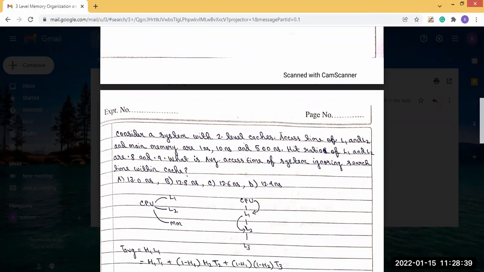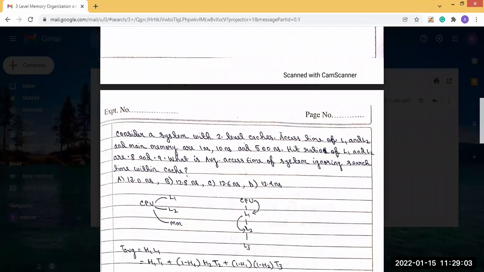Access times of L1, L2 and main memory are 1 nanosecond, 10 nanosecond and 500 nanosecond. Hit ratios of L1 and L2 are 0.8 and 0.9. What is the average access time of the system, ignoring the search time within the cache?